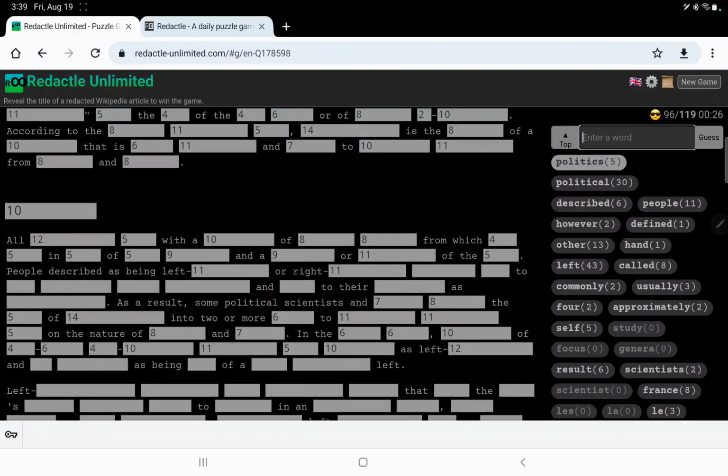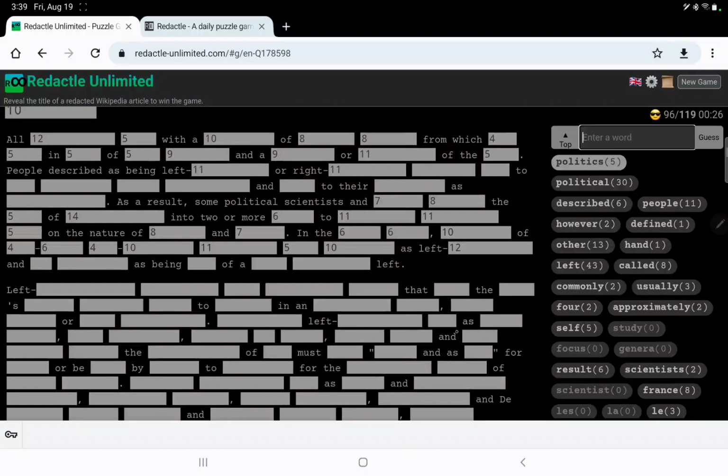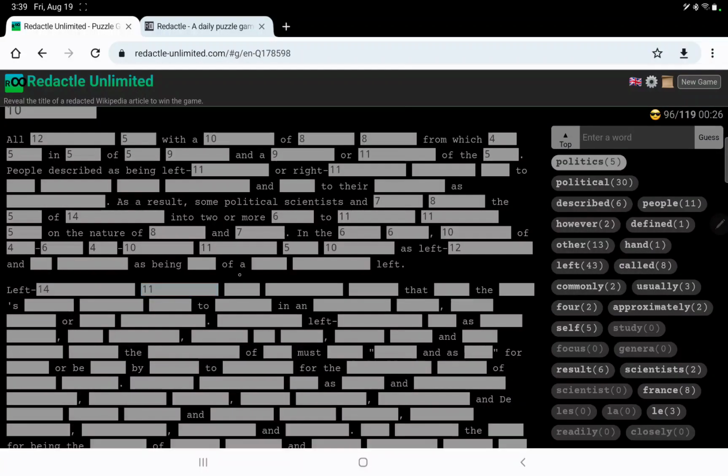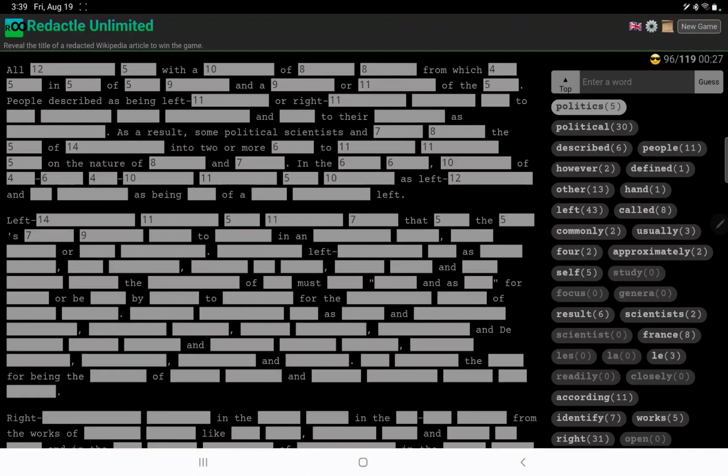Okay. Described as being left leaning, left wing, left. Very interesting.